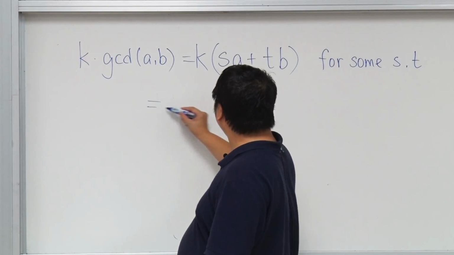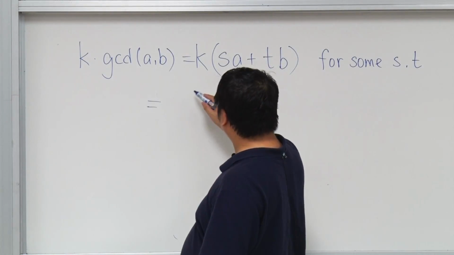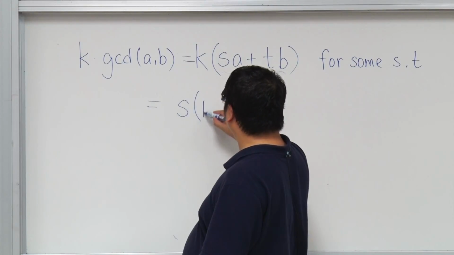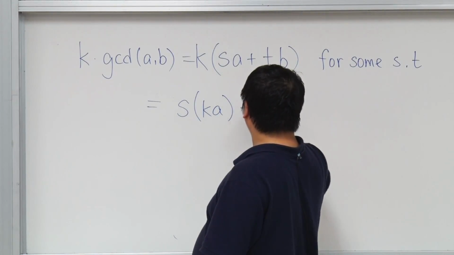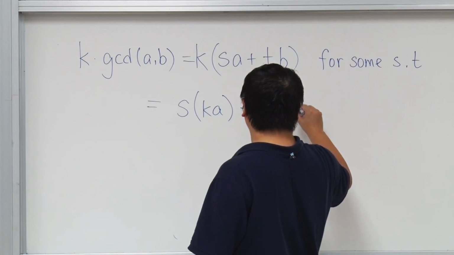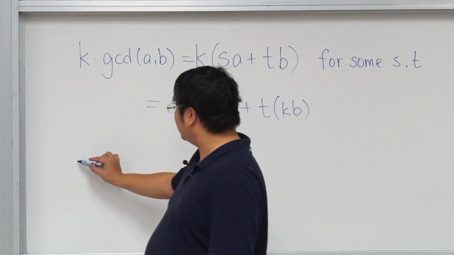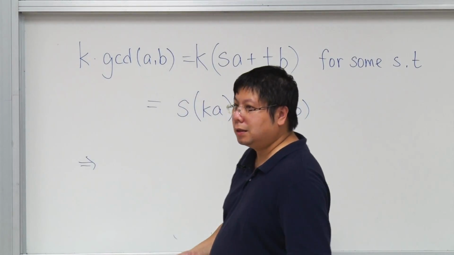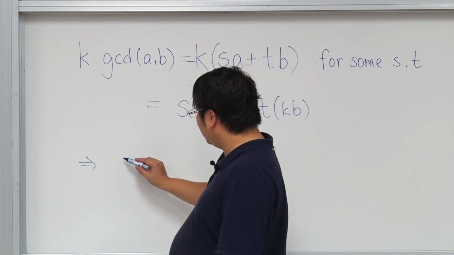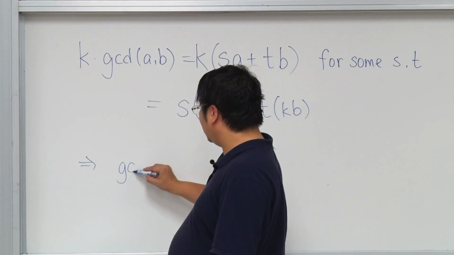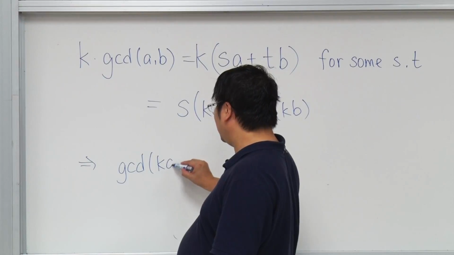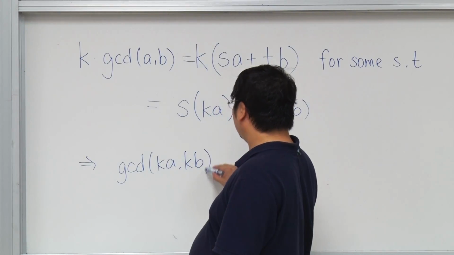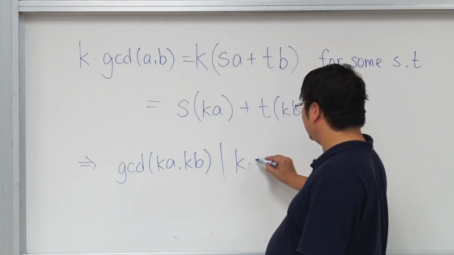So this is equal to S times Ka plus T times Kb. So it means the GCD of Ka, Kb divides this number.